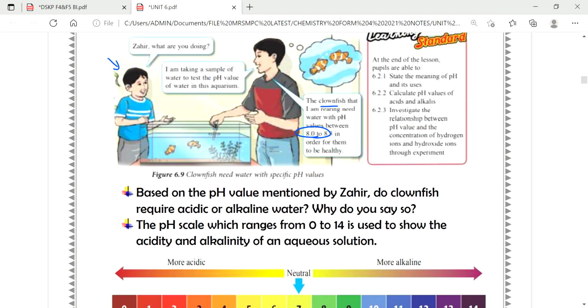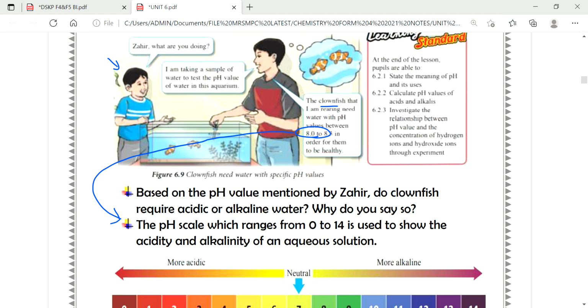Based on the pH value mentioned by Zahir, do clownfish require acidic or alkaline water? Why do you say so? Regarding this pH value, what do you think? 8.0 to 8.3, is that acidic or alkaline? If you say acidic, why do you say so? If you say alkaline water, why do you say so?